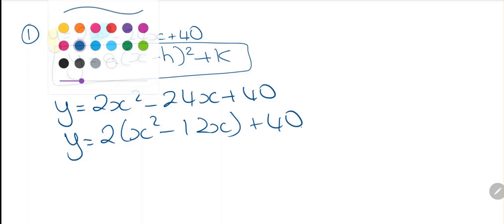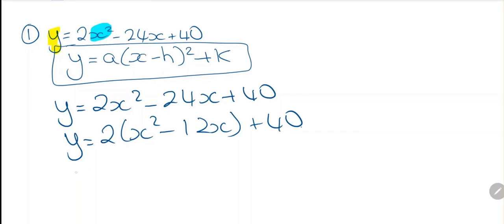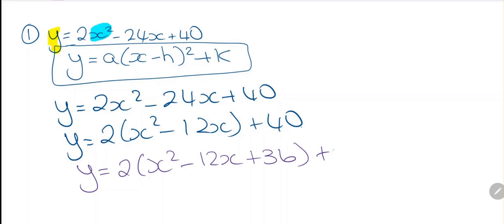So now I'm going to complete the square. So we take the b value, which is 12, divide by 2 and square it. So that's going to be 36. And because we've added 2 times 36, I need to minus 2 times 36.